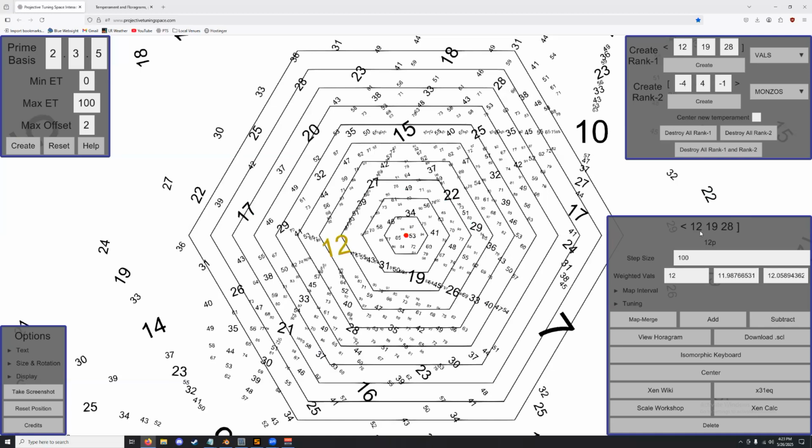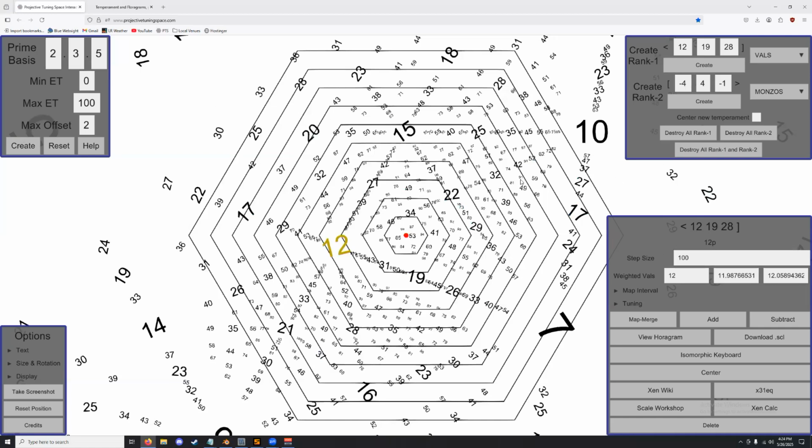You can figure out the patent val, they call it, for any equal temperament just by taking that number and dividing it by the log base 2 of some prime, 2, 3, or 5 or whatever. So 12 divided by log base 2 of 2, which is just 1, gets you 12.